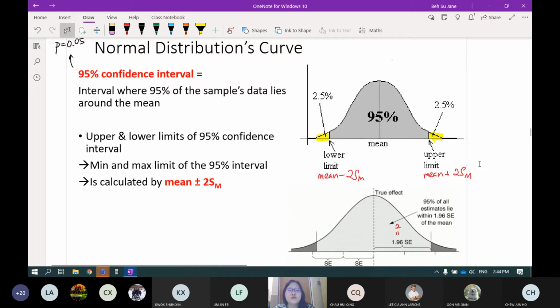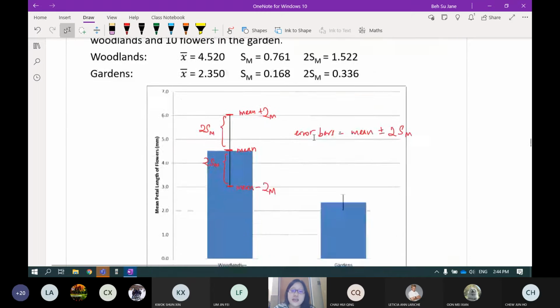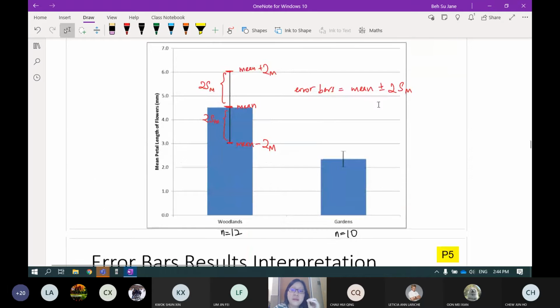People learn how to prove why upper and lower limits is 2 standard error. And I guess if you want to find out, you can read Wikipedia, but I don't understand the page either. So good luck. Okay, but for now, for A2 bio's sake, you don't even need to know this, it's just background knowledge. All you need to know is error bars is mean plus minus 2 standard error.